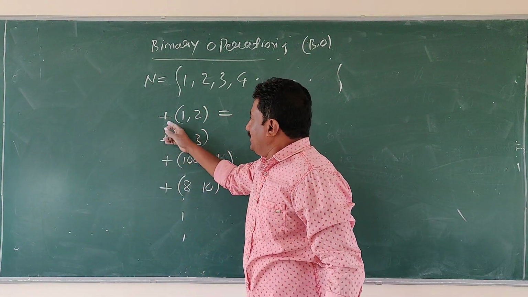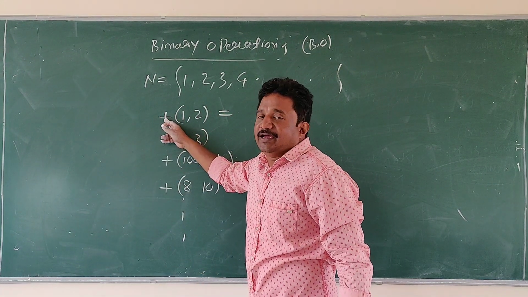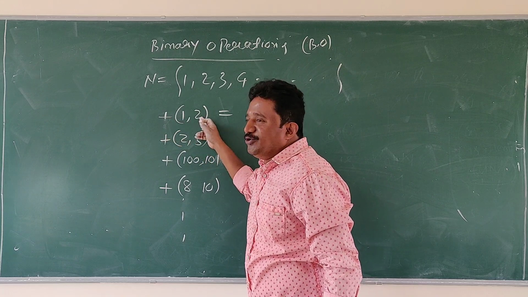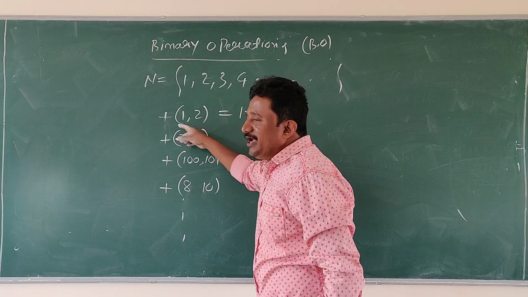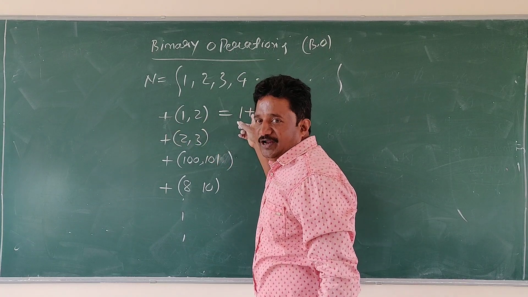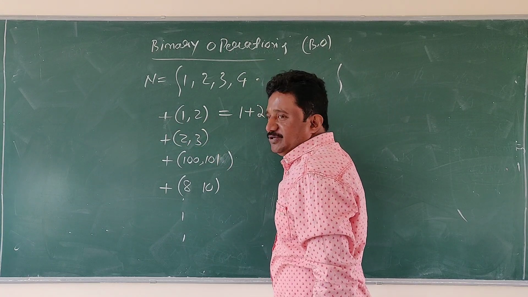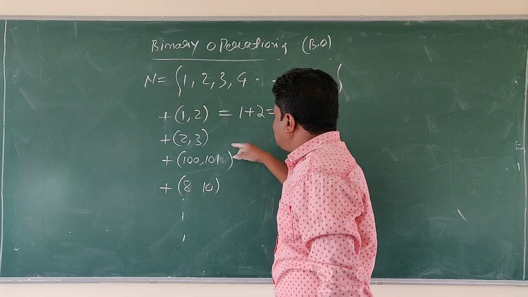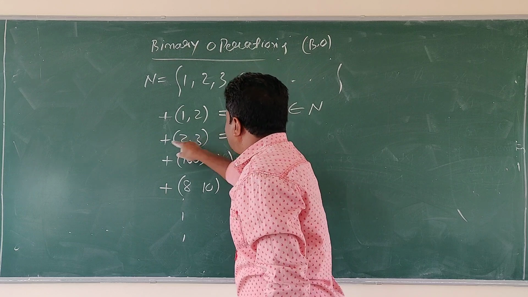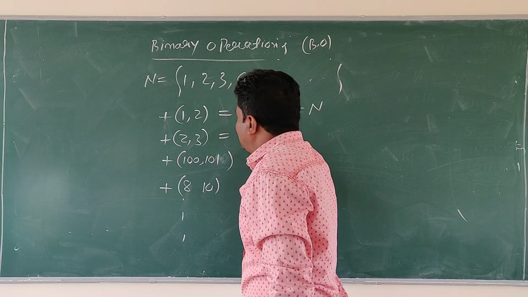We take plus of 1, 2. The meaning of this is 1 plus 2. How much is 1 plus 2? 3. Is it a number of N? Yes. Next, plus of 2, 3 means 2 plus 3.